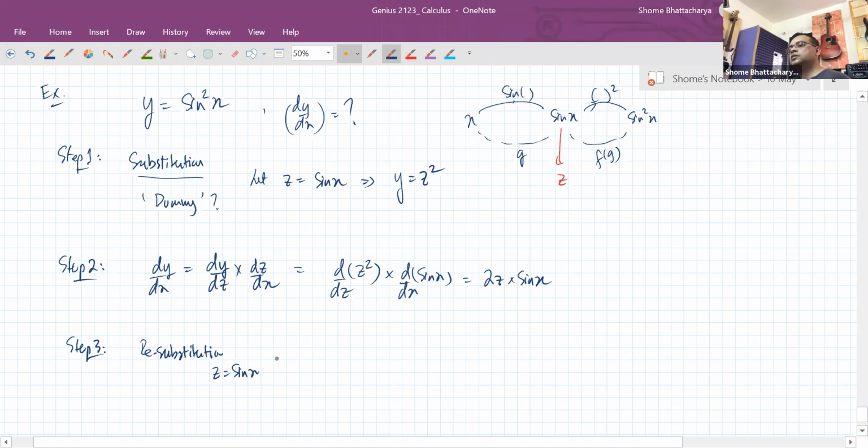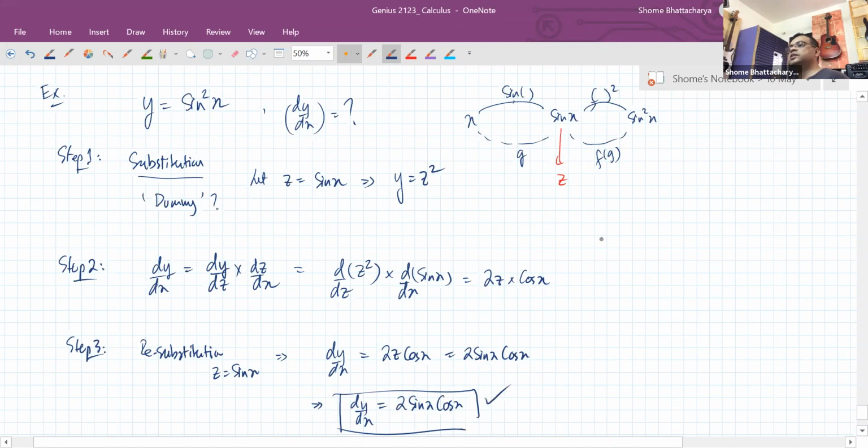Sir, that will be cos x. Yes, sorry, 2z into cos x. Yes, my mistake, correct. Thanks for pointing that out. Differentiation of sine x with respect to x should become cos x. So finally, dy by dx, which is 2z cos x, will become 2 times sine x cos x. If we like, we can use the formula that 2 sine x cos x is sine 2x also, but at this stage I'll just leave it as 2 sine x cos x.